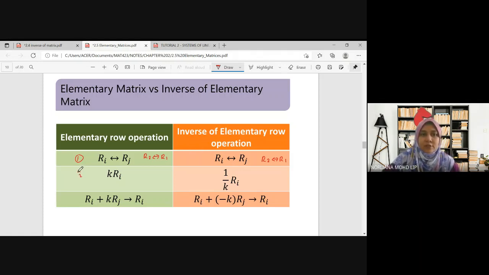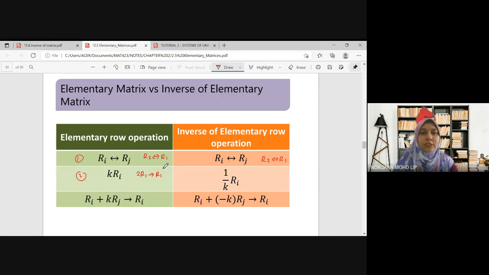Okay, the second operation, if involve multiple the row with non-zero constant, for example, this operation k row I. Contoh ni operation dia diberi 2 row 1 transform into row 1.